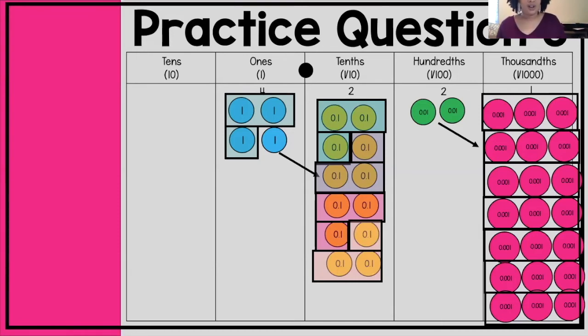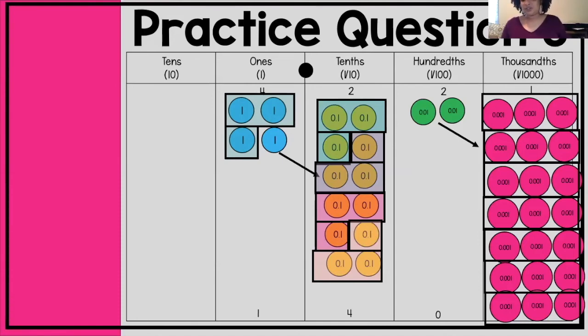Well, let's look at the ones. Here's one group of 3. Moving over to my tenths place, I have 1, 2, 3, 4 groups of 3. I don't have any groups of 3 in my hundreds place.